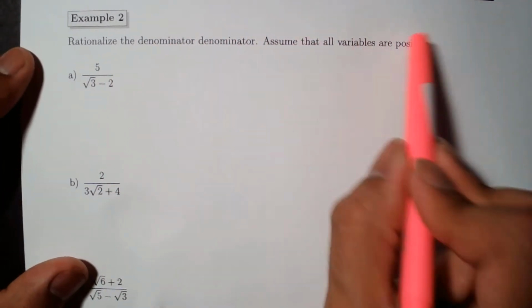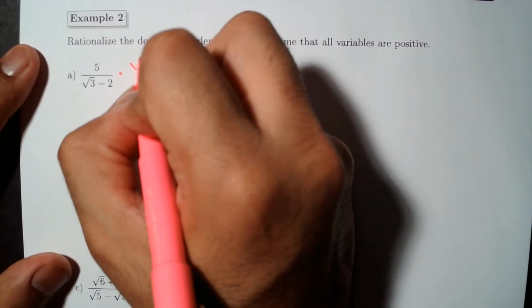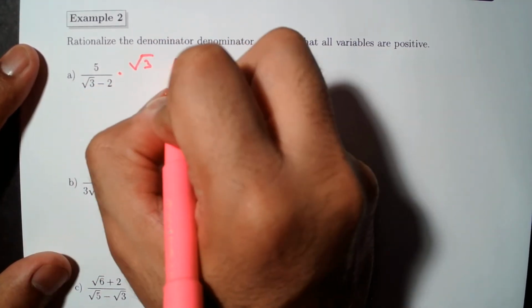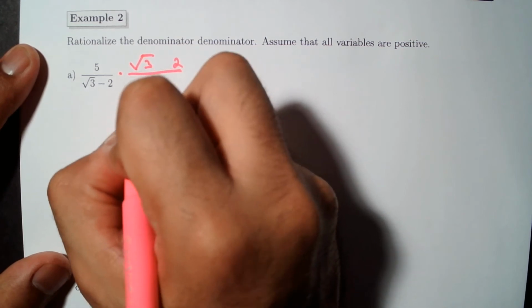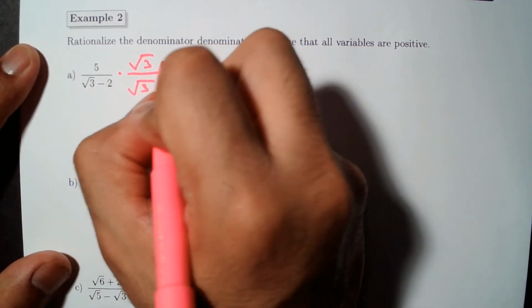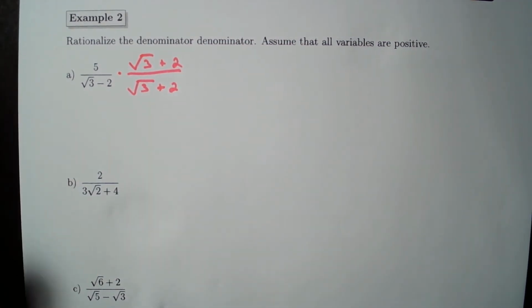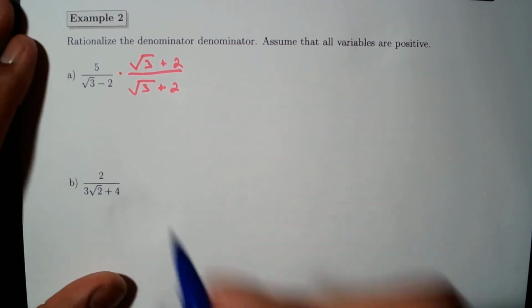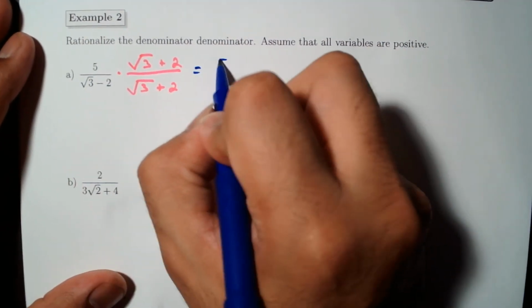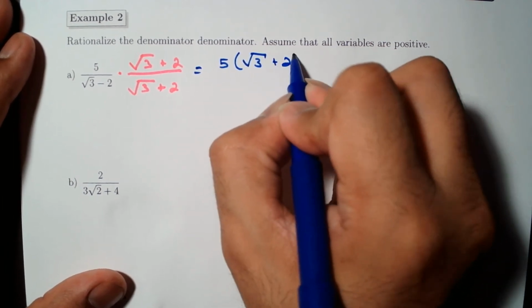Rationalize the denominator, so I'm going to multiply numerator and denominator by the same denominator. I'm just going to write the numbers first. I have a minus, turn that into a plus. What are we going to have? So multiply across in the numerator: 5 times square root of 3 plus 2.